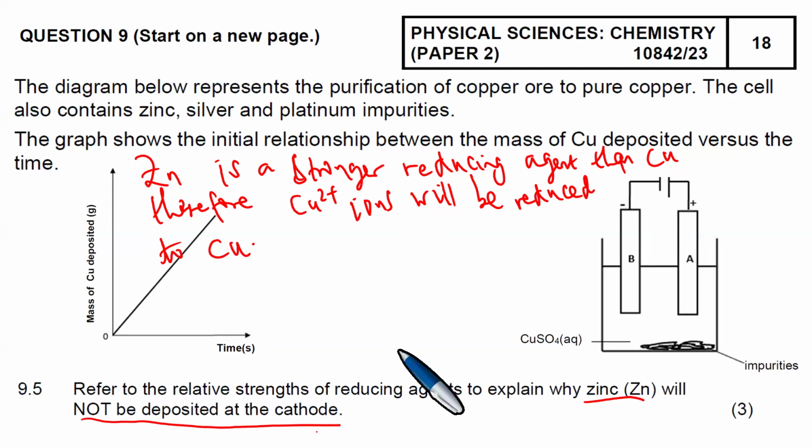This is the answer. Why? Because you looked at the table at the strength of reducing agents to explain why zinc, Zn, will not be deposited at the cathode.